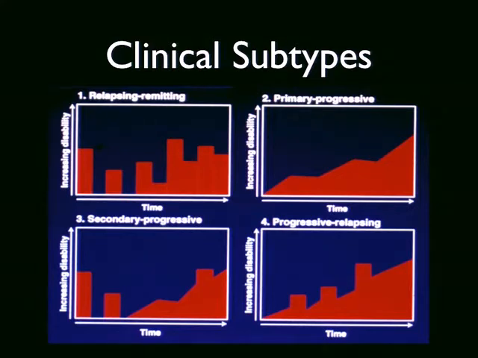So that is a good segue into what we see with the clinical subtypes of MS. As I mentioned, about 80% of patients with MS have relapsing remitting MS. So they have these, as we see in the upper left-hand corner, distinct relapses followed by periods of remission. However, a percentage of patients, after typically 10, 15, 20 years, can move into another form of the disease called secondary progression.